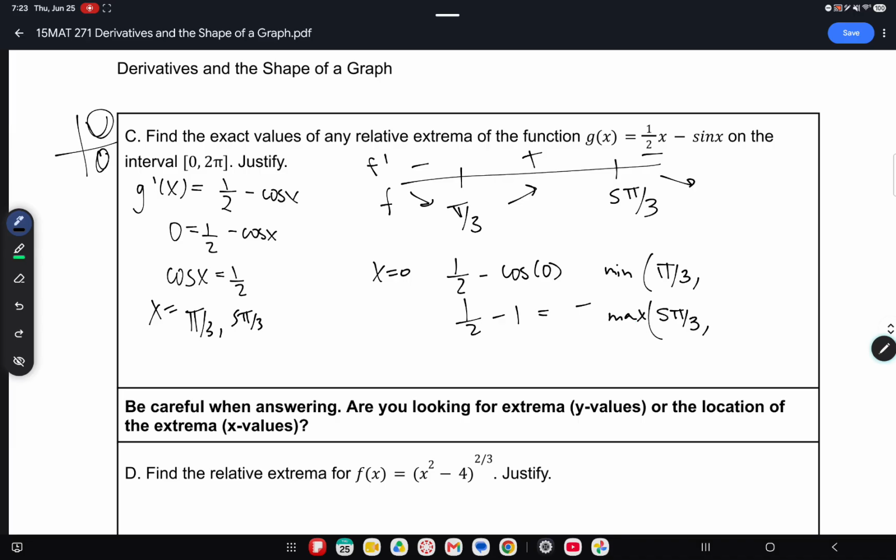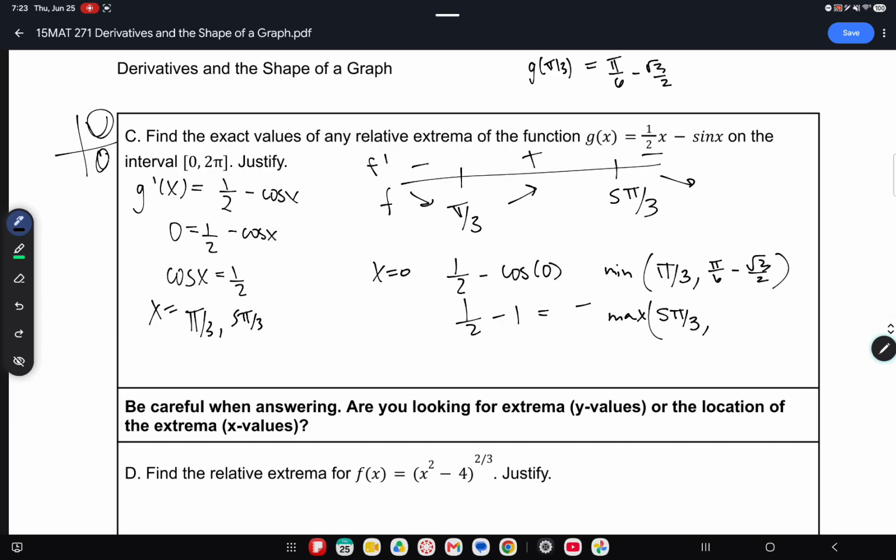And now I'll just find those actual values. So I'll just go up here. So g of pi over 3 is going to be pi over 6 minus, and sine of pi over 3 is root 3 over 2. Let's just leave it. I'll just leave it in the exact.